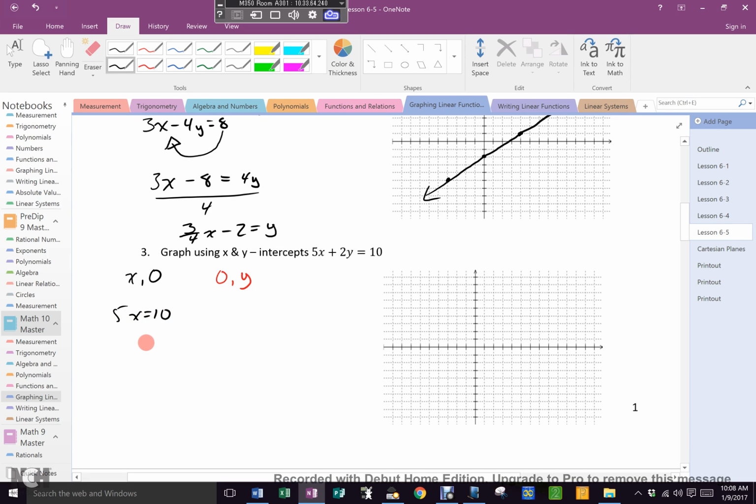What do you do there? Divide by 5, and x equals what? 2. Now, here's a problem kids have. X equals 2. Where else do you see an x? Right there. What do I get to write there? 2.